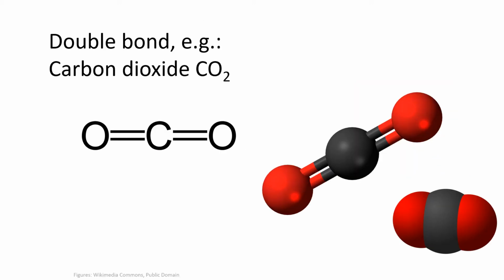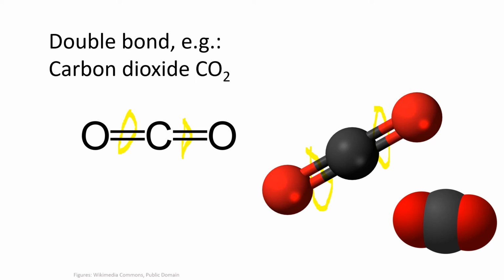Here are some formulas and models for carbon dioxide. In three-dimensional models, oxygen is customarily red. The two lines or two sticks between the carbon and oxygen atoms represent a double bond, which is generally stronger than a single bond represented by a single line.